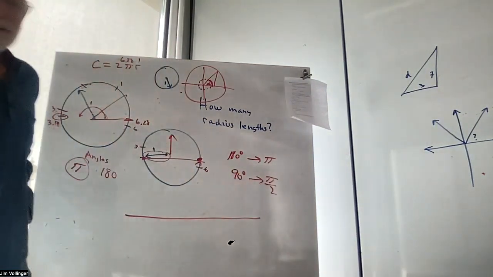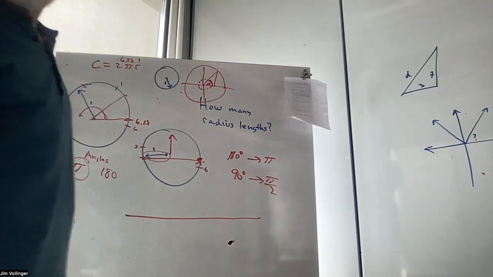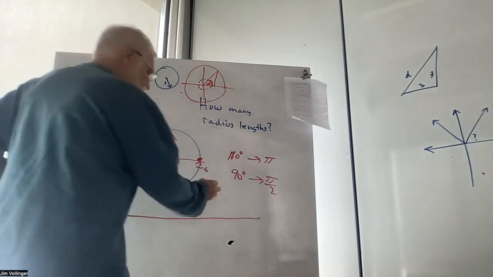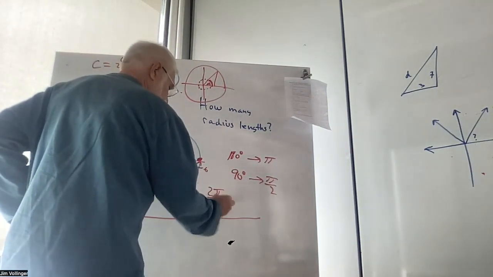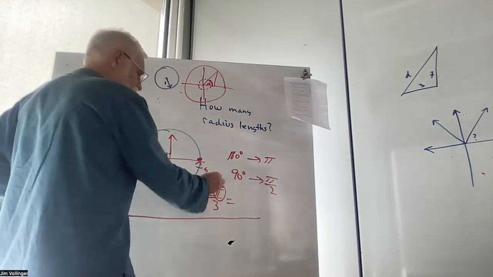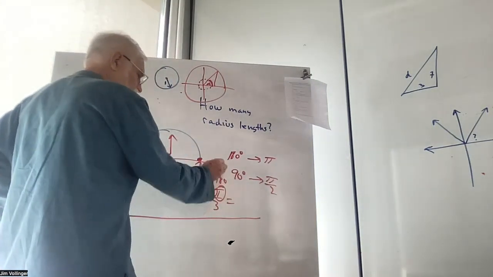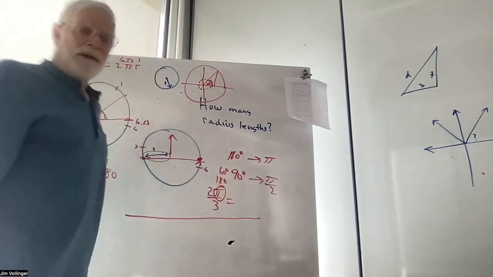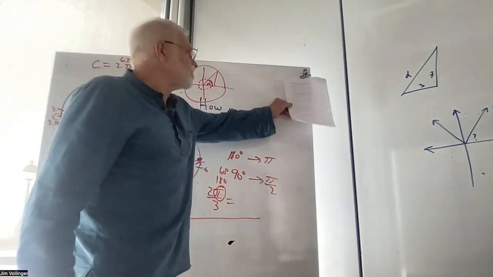So that could be just a little chat on one day. And then I might ask them, well, how many degrees is 2 pi over 3? Talk about pi being 180, divided by 3 is 60 degrees. Double that's 120. And then I can start putting that on a worksheet.